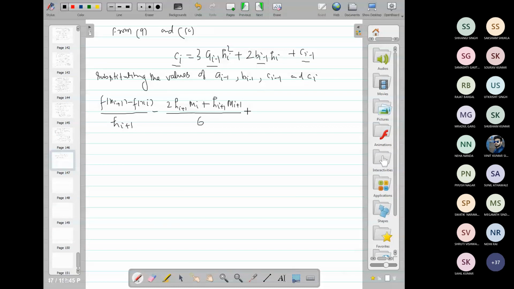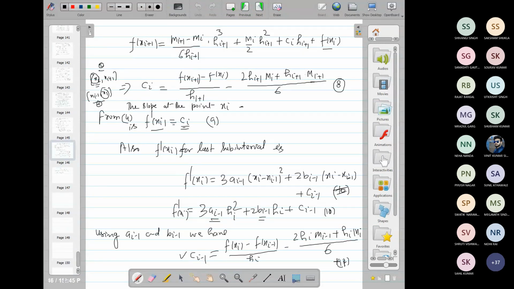So this is ci by 8. This is by 8. And ci minus 1 is by 11. This is by 11, ci minus 1.